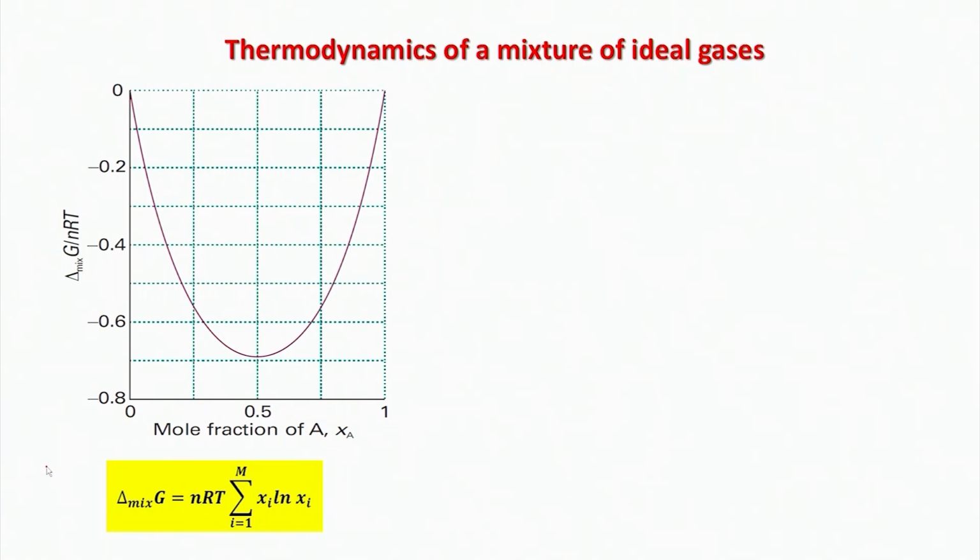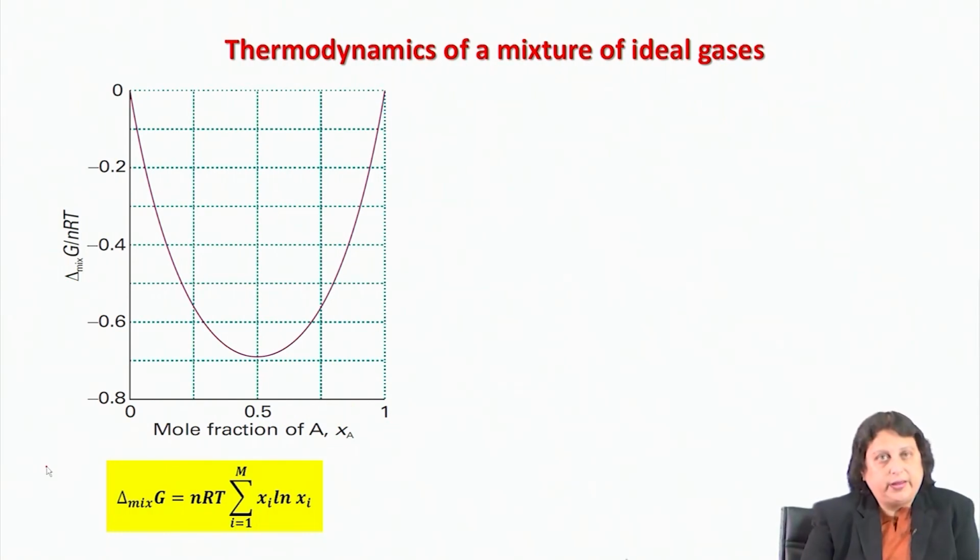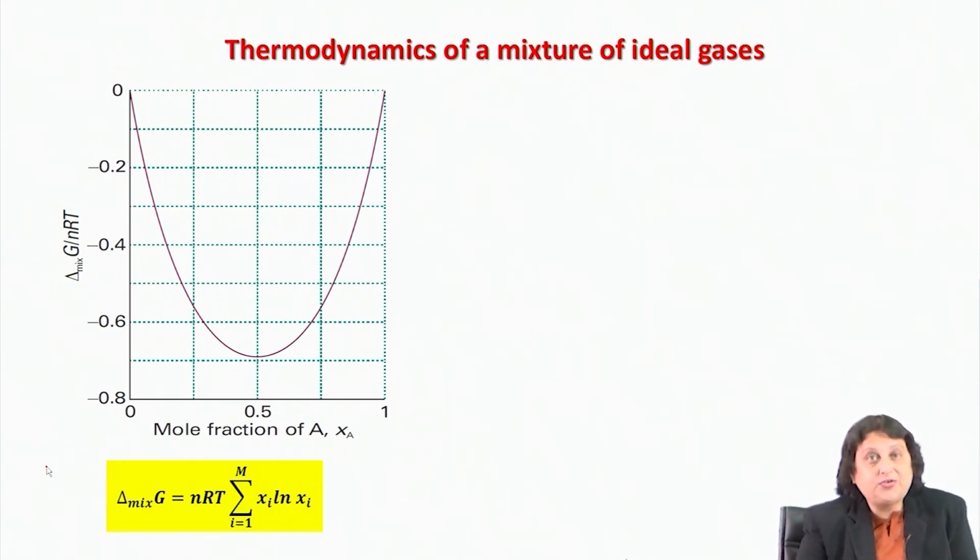Now let us also consider the following. What would be the nature of the plot delta G mixing as a function of XA? As you have seen here, you do see an extremum. Why is that so?